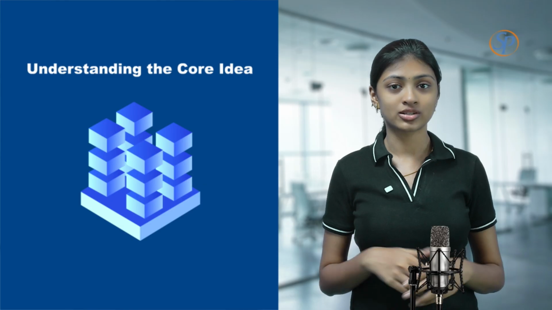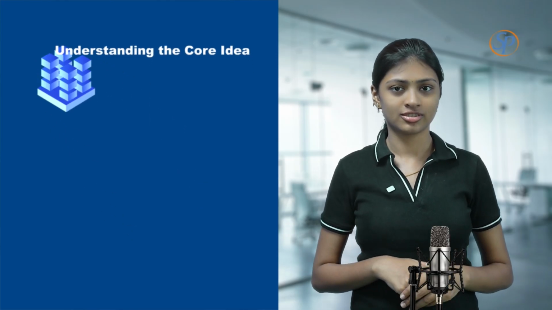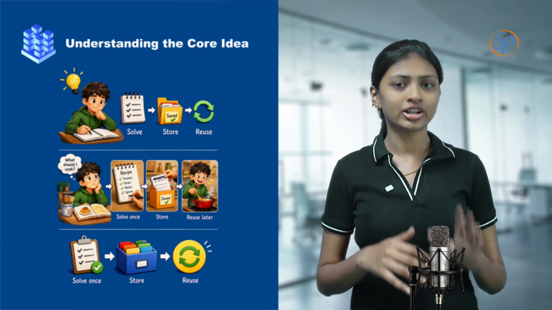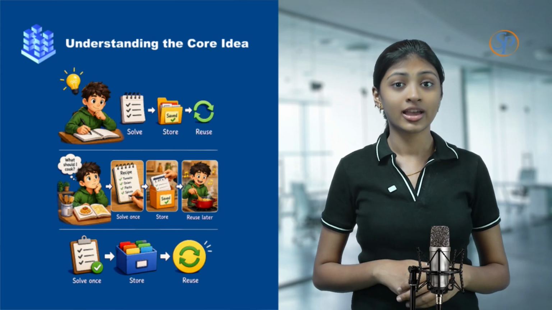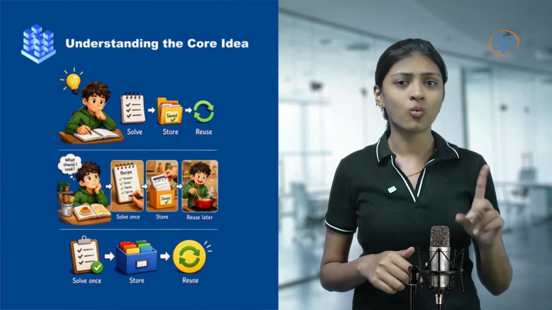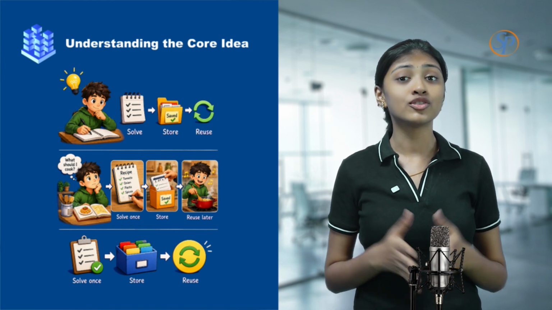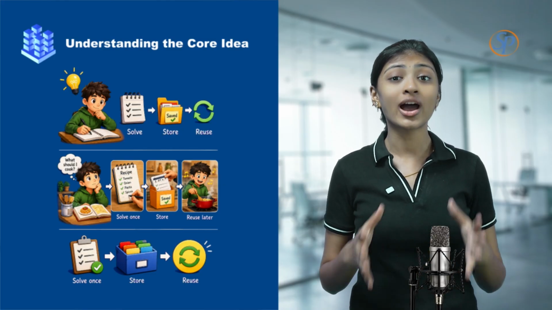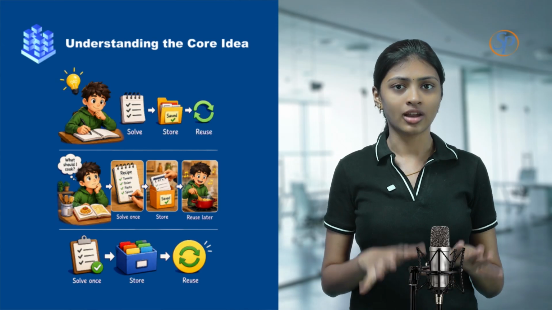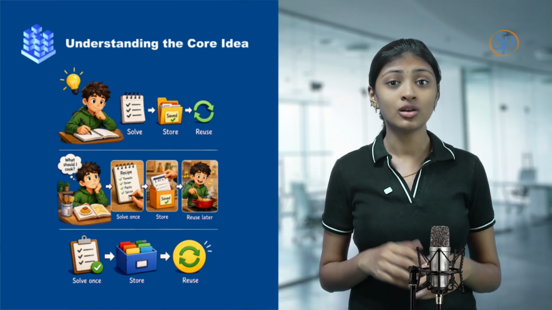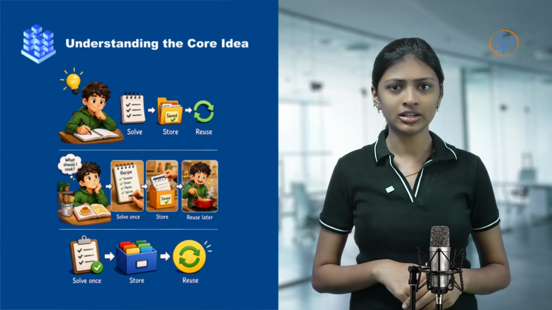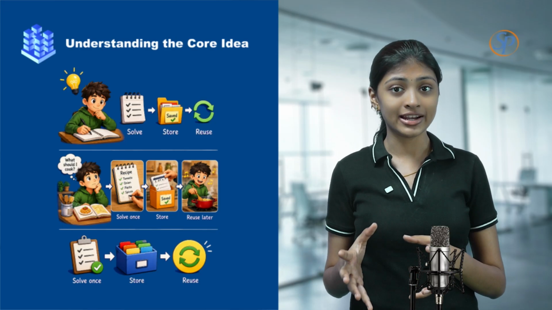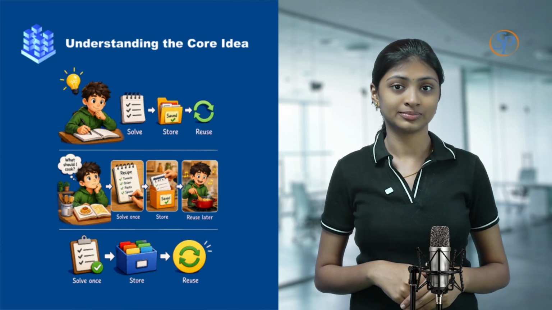Understanding the core idea slowly. Let's not rush this. Dynamic programming is not just about arrays or tables or formulas. At its core, it's about one simple idea. If you solve a problem once, store the answer so that you don't have to solve it again. Now, this sounds very simple when you say it like that. But the problem is that identifying when to apply this idea is not simple at all.